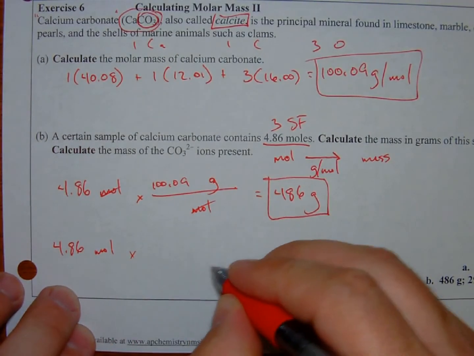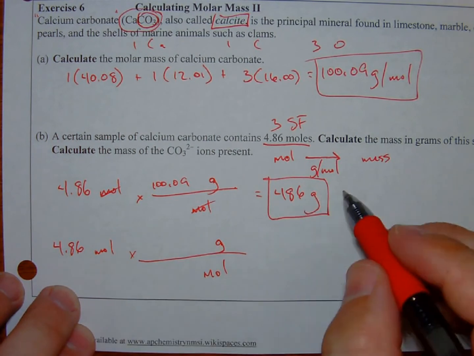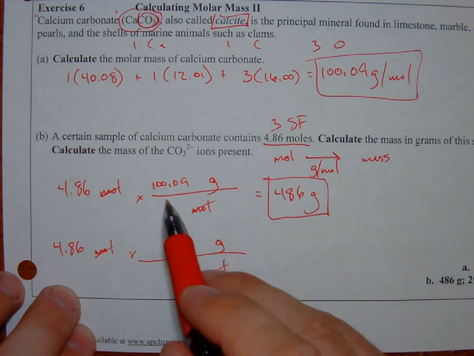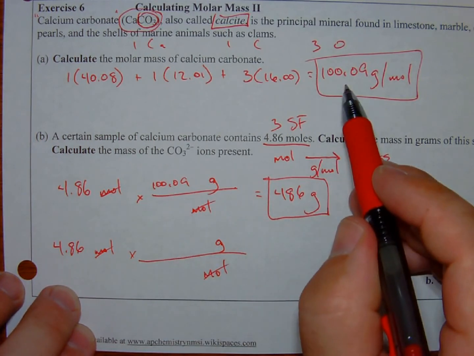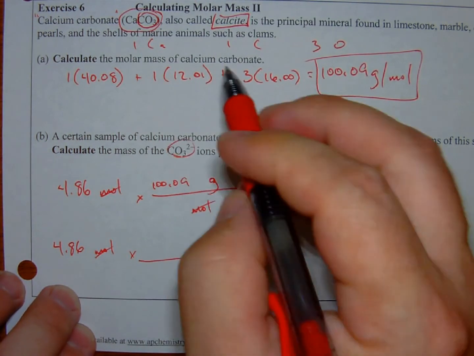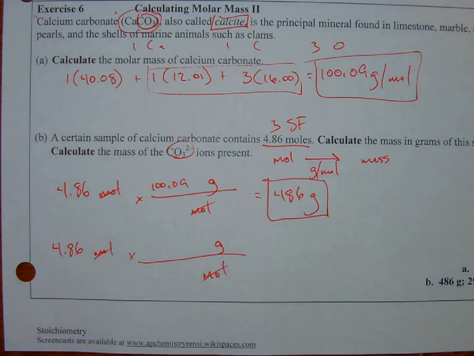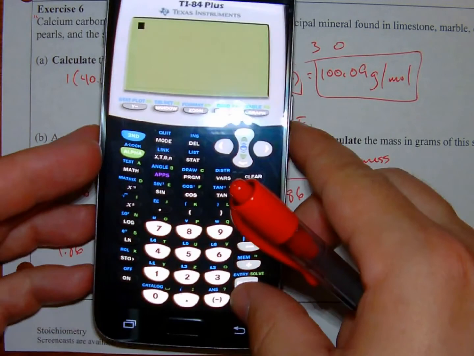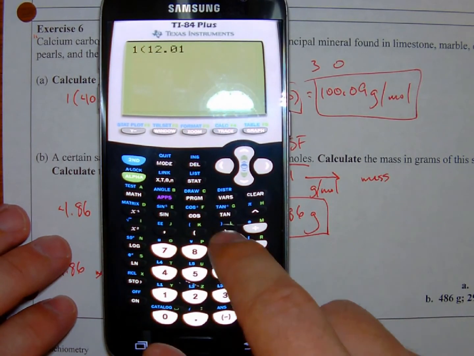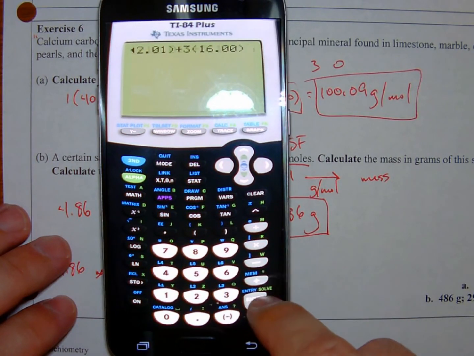Now I'm going to set up a conversion factor very similar to the way I set it up already in the first part of this problem, so that moles cancel and I'm in grams. But instead of plugging in the molar mass of calcium carbonate as a whole, I'm only going to target the carbonate, which would actually be this portion of this first calculation right here. So let's add it up again. There's 1 carbon. There are 3 oxygens.